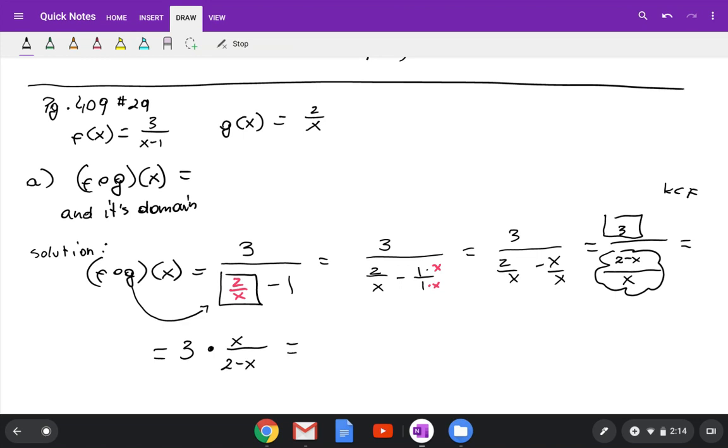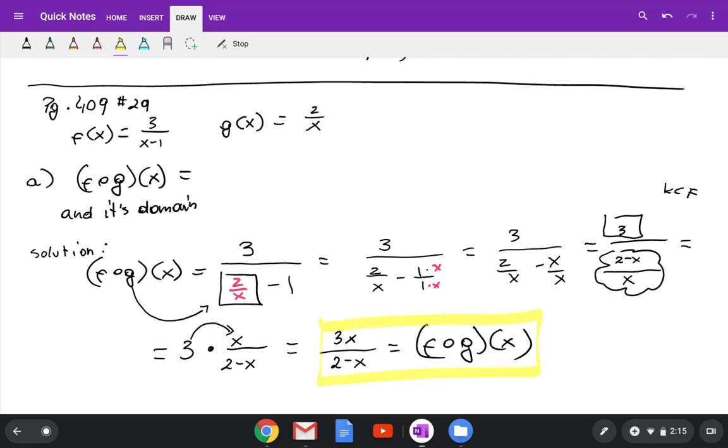And now you have a number multiplied by a fraction, so you multiply the numerator by 3. So that will give you 3x over 2 minus x. So this is our f composed with g of x. We have it. Okay, so this problem is more advanced.